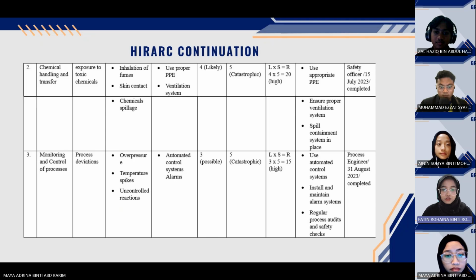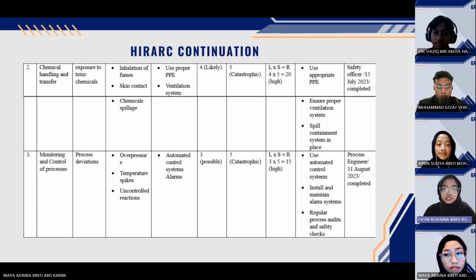The likelihood of this hazard is rated 4 and the severity is 5, giving a very high score of 20. The recommended control measures include using appropriate PPE, ensuring proper ventilation systems are in place, and implementing a robust spill containment system. Our safety officer is in charge of this work activity before the due date of 15 July 2023, and this action was completed.